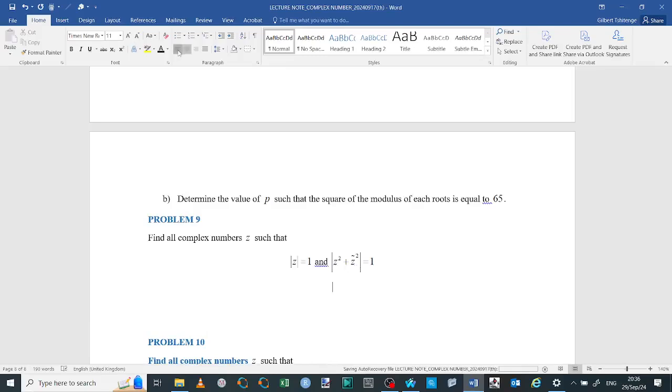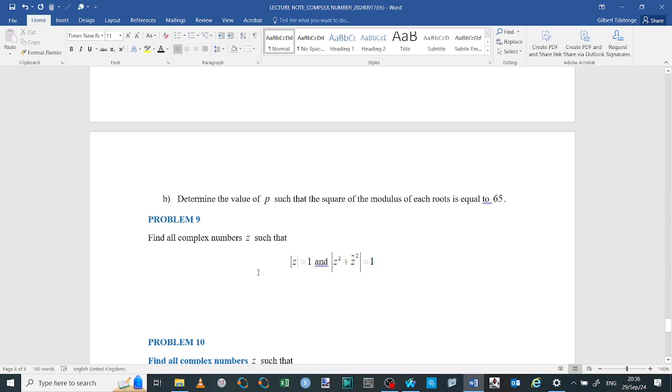Okay. Problem 9 says that we have to find all complex numbers z such that the absolute value of z is equal to 1, and the absolute value of z squared plus the conjugate of z to the power 2 must give me 1.